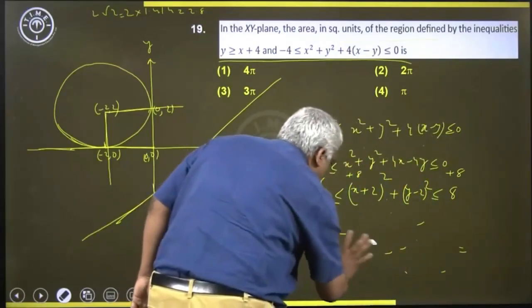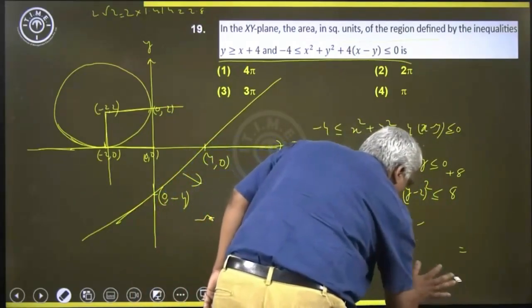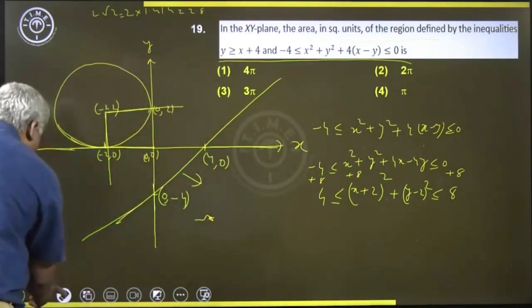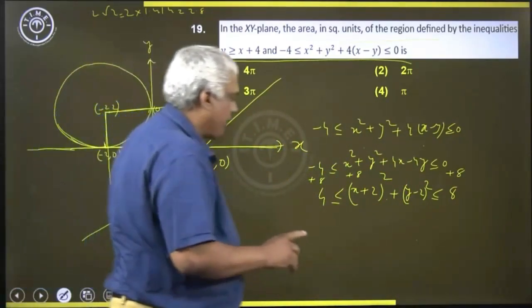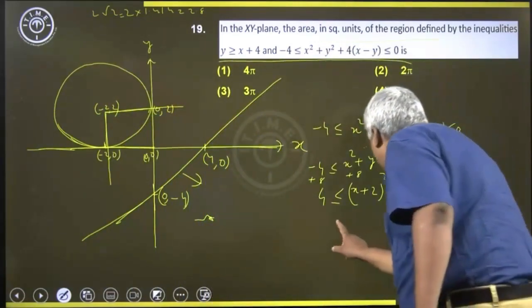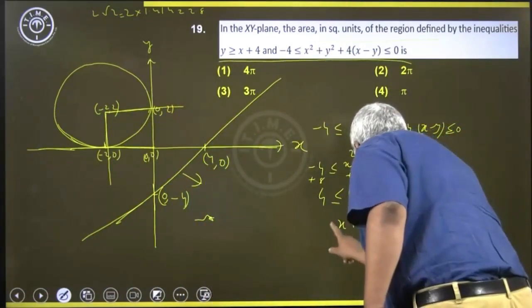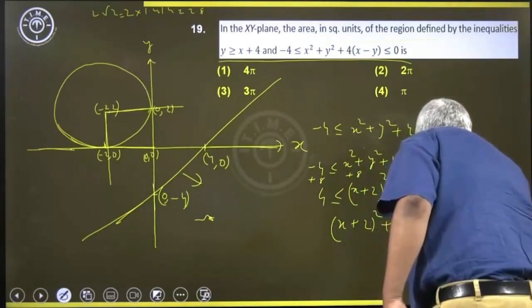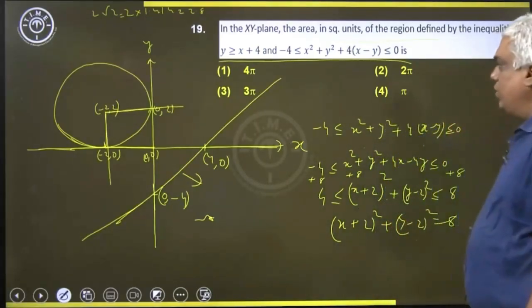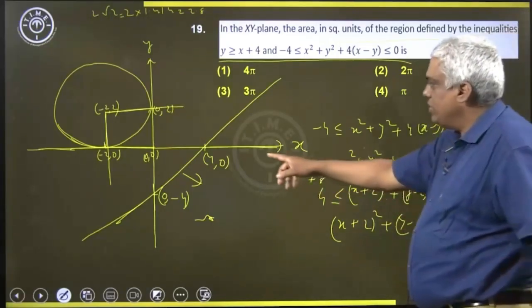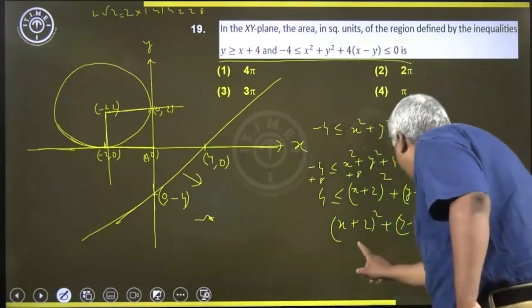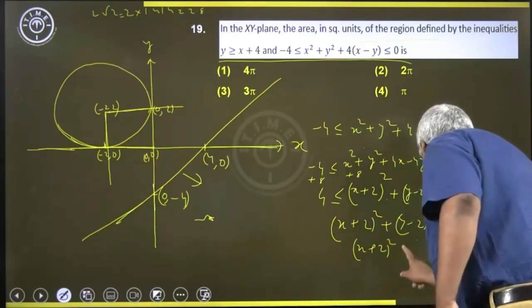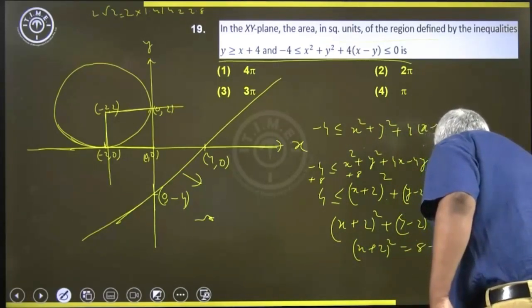So the equation of the big circle is (x+2) whole squared plus (y-2) whole squared equals 8, right. On the x axis y is 0, so if I put y equal to 0, (x+2) whole squared is equal to 8 minus 4, which is 4.